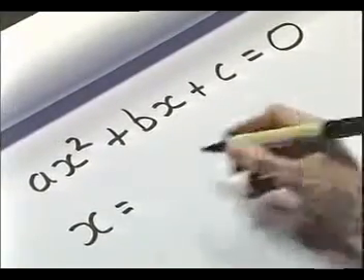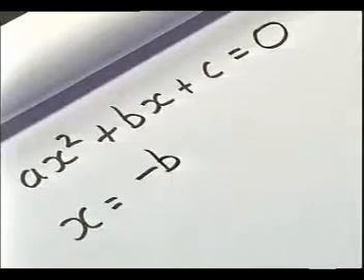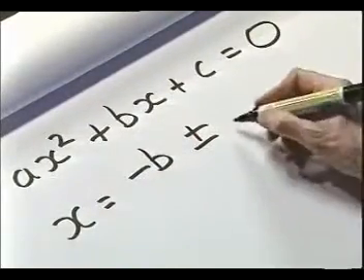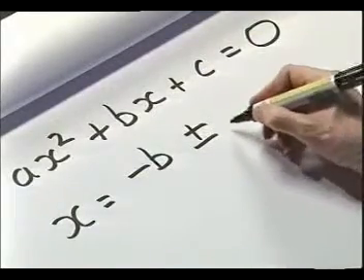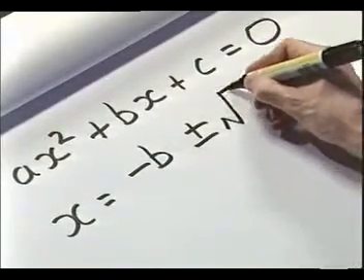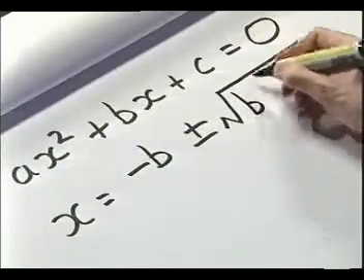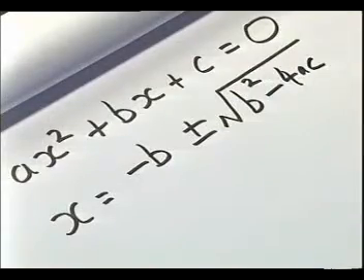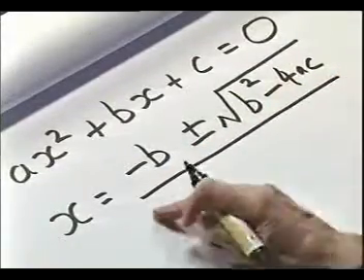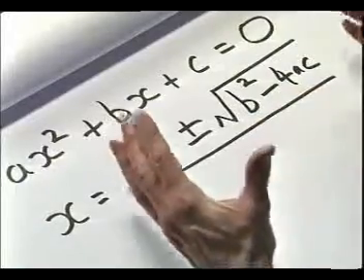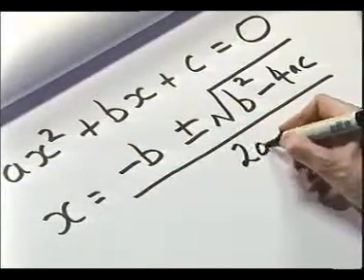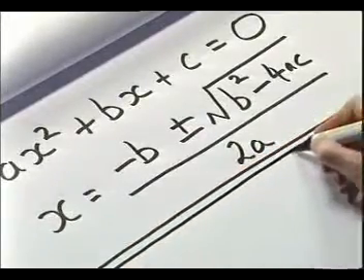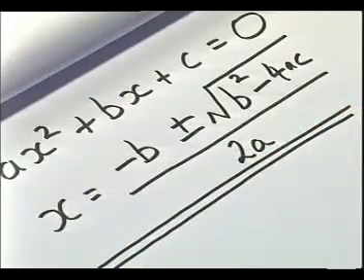And it's x equals minus b plus or minus, and it's the plus or minus that's going to give us the two answers, the square root of b squared minus 4ac, all over, a whole lot over 2a. And that's the formula for solving quadratic equations.